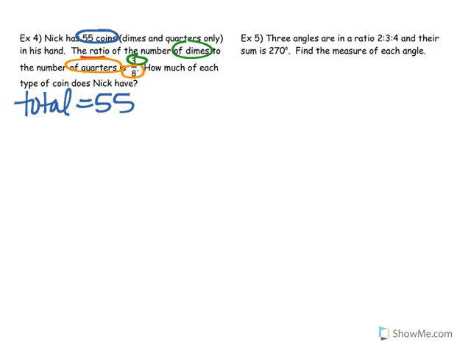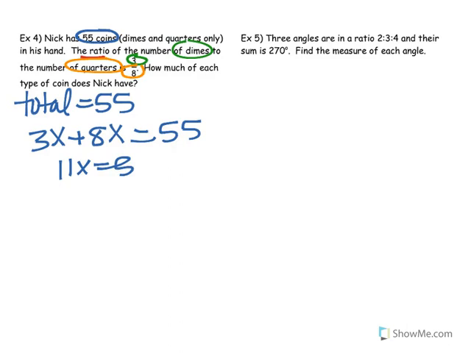So for every 3 dimes, he has 8 quarters. So I can set up the equation 3 times some multiplier, plus 8 times some multiplier of this ratio will equal my total of 55. Well, 3 plus 8, that is 11x equals 55. Divide by 11, and I get x equals 5.